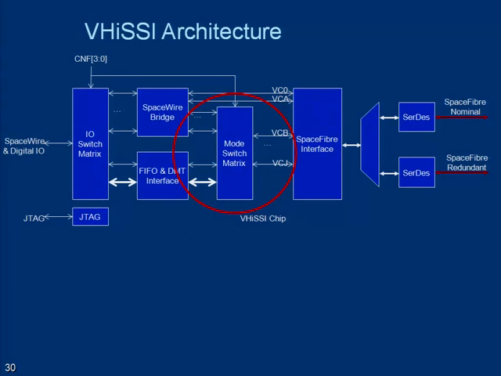There's a mode switch matrix, which switches between these 2 operating modes. And there's an I/O switch matrix, which switches between LVDS for the SpaceWire, and LVTTL if you want to increase the number of SpaceWire interfaces, or if you want to use the FIFO and DMA mode. And then there's the nominal and redundant SERDES for doing the high-speed serial data.